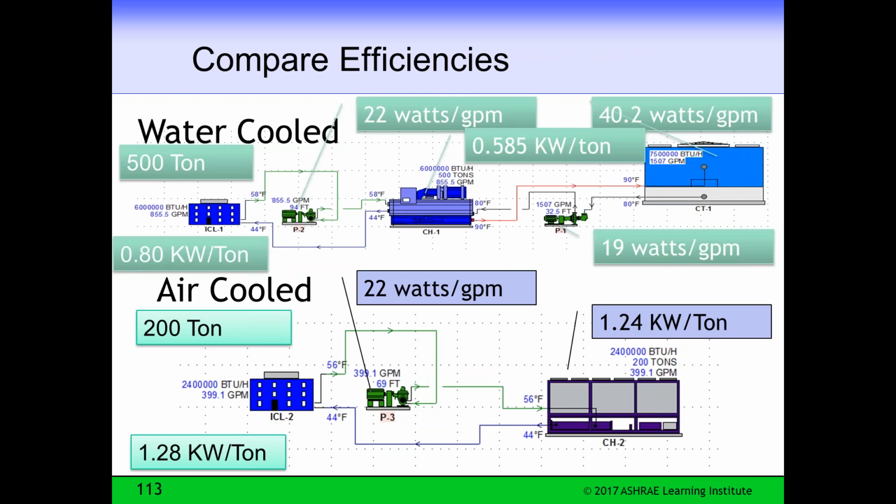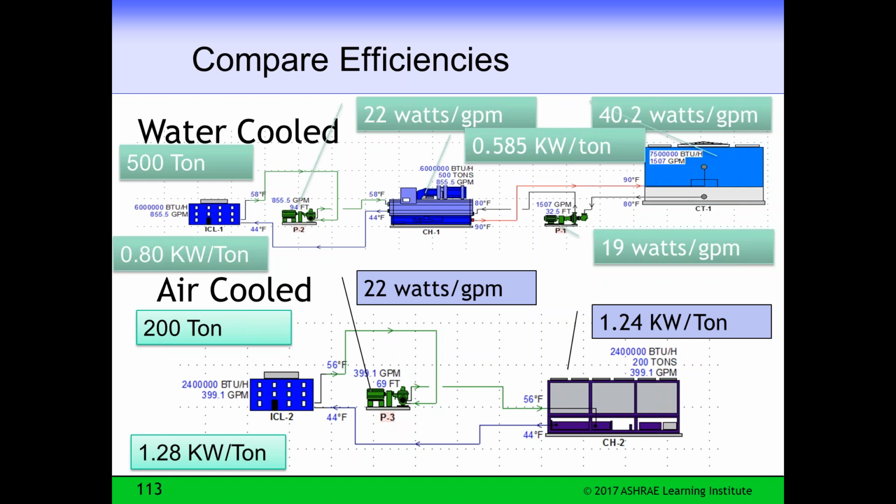So if we load that up into the same sketch, we see that we have the 0.585, and from Appendix G, I'm pulling out the required baseline energy use for the pumps and the fans for both systems. So we would have 19 watts per GPM on a condenser water pump.